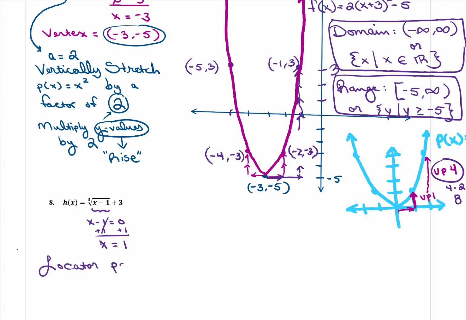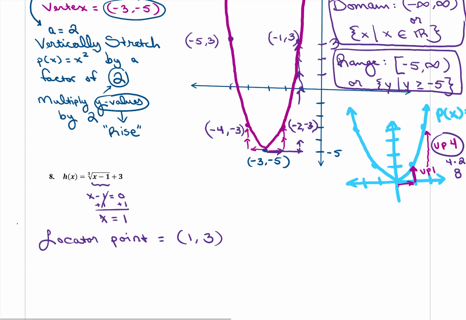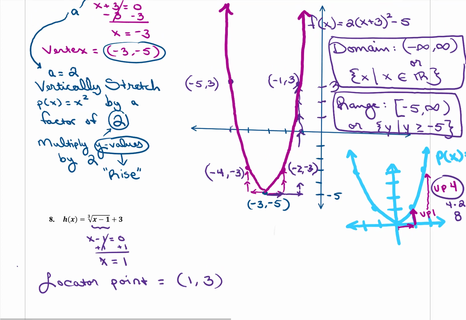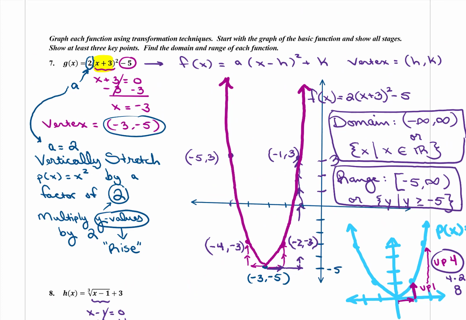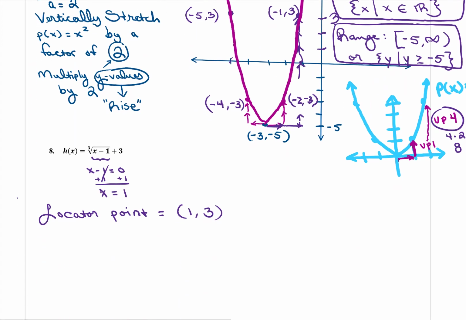So let's first find that inside part here, and this is not only going to help us with finding the horizontal shift, it can also help you for finding the domain, right? So for our locator point for this cube root function, I'm first going to take the inside of the cube root, set it equal to 0, and solve for x.